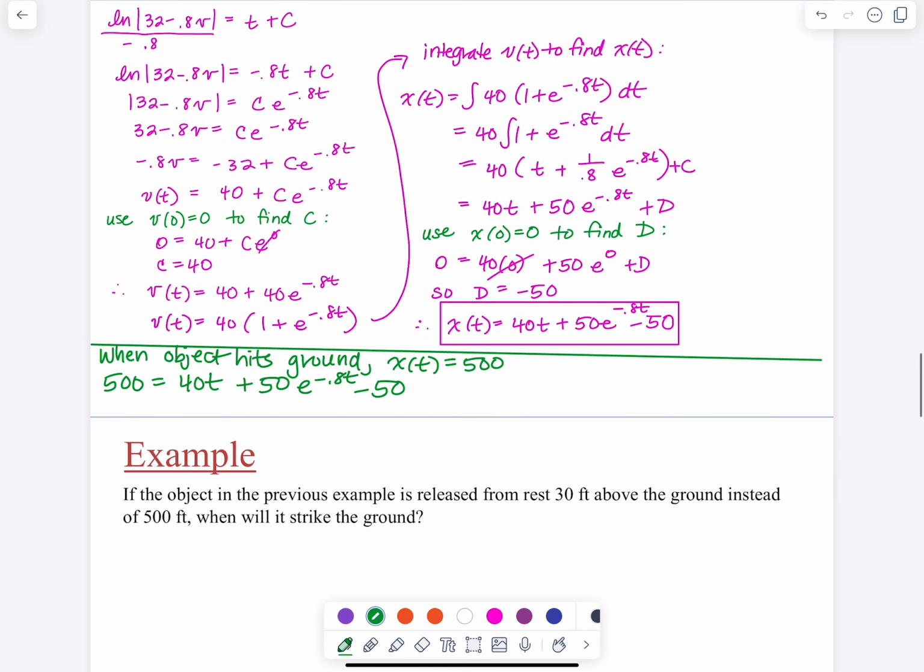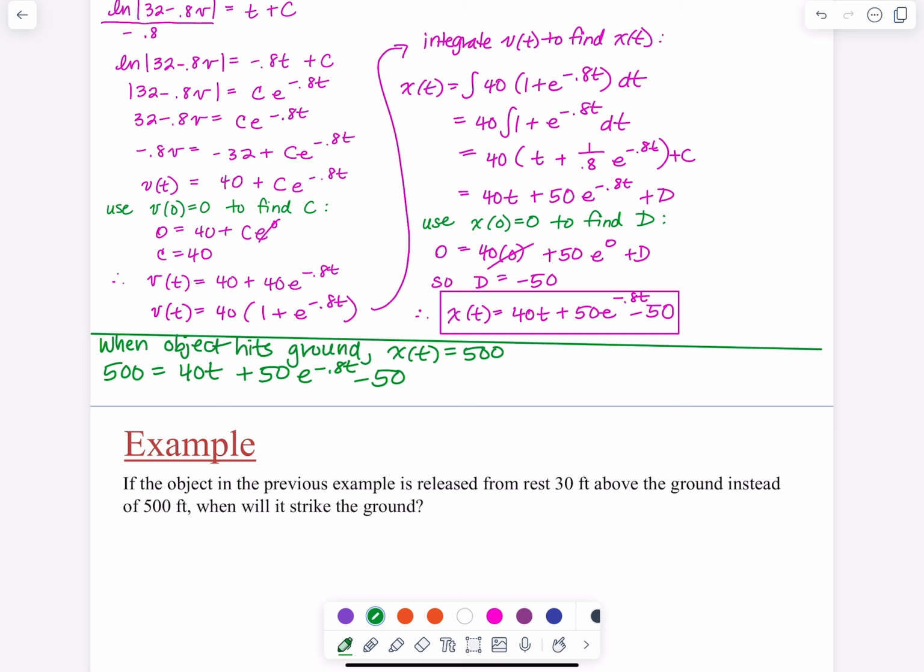And as you can see here, we could ignore this term and we could come up with t. We'll go ahead and have 550 equals 40t. Let's keep going over here. So t is going to be 550 divided by 40, which is going to be 13.75 seconds.